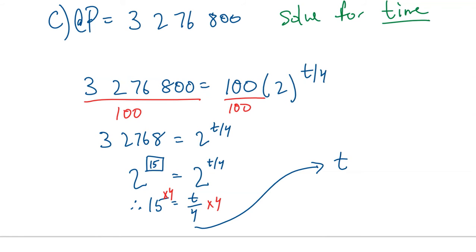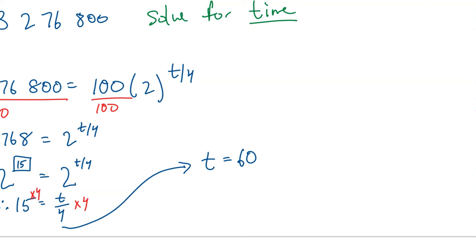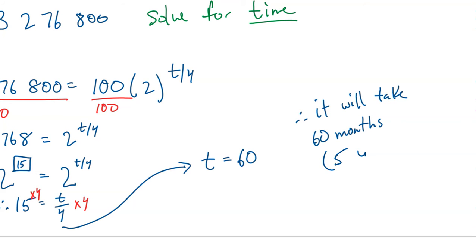And so t equals 60. 15 times 4 is 60. It'll take 60 months, which happens to be exactly 5 years. Not very long for there to be 3 million rabbits.